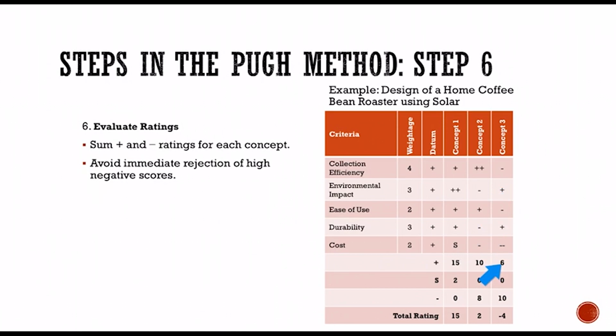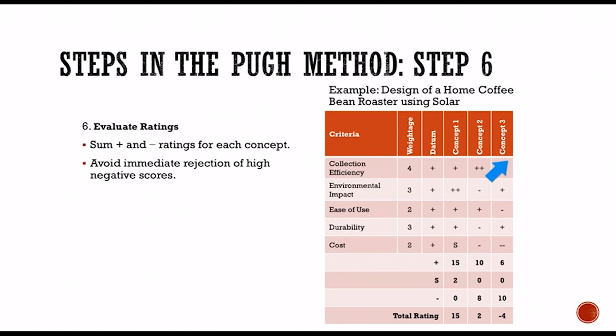Now we will calculate the negative one. So concept number 1, there is no negative, so it will become 0. For concept number 2, we have 1 negative times with 3, so negative 3 total, plus with 1 times with 3, so negative 6 in total, and then 1 times with 2, so it has negative at here as a total.